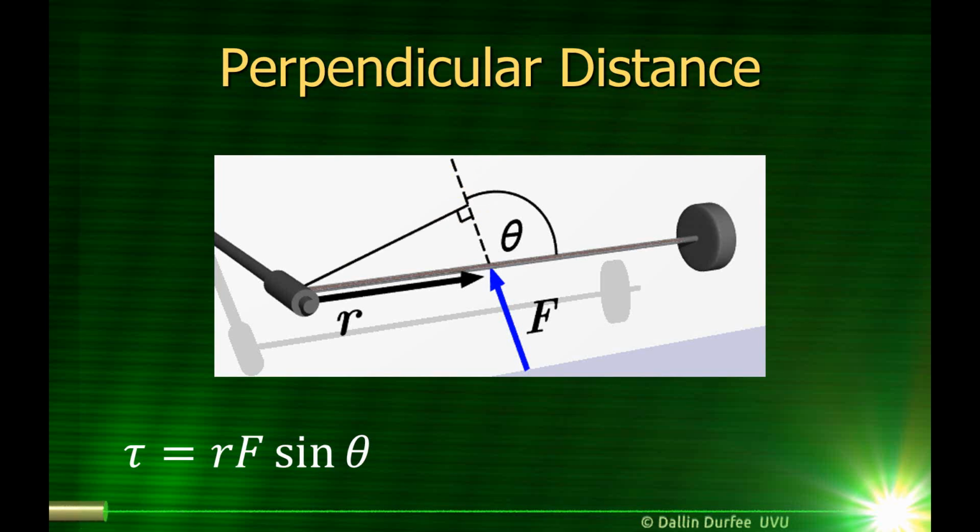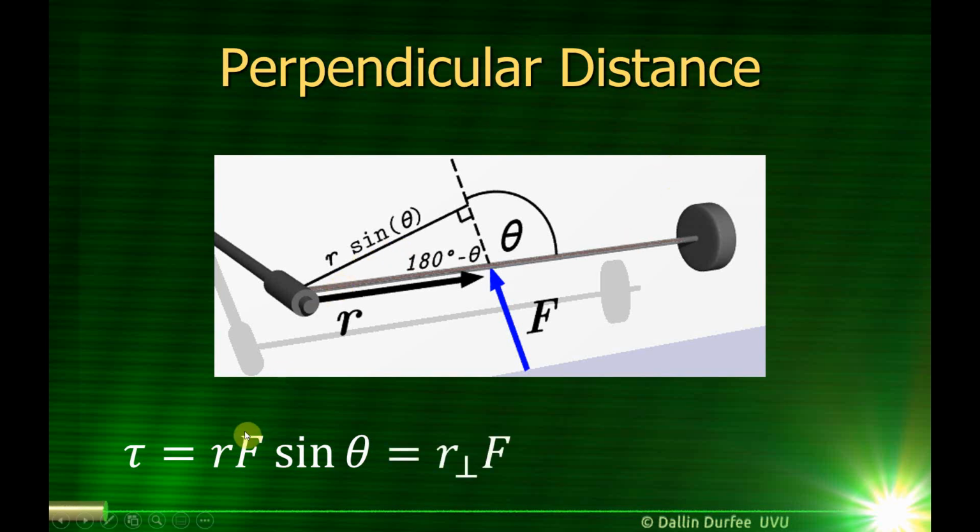Notice that if this angle here is theta, this angle right here is 180 degrees minus theta, which means the length of this line is r times the sine of 180 degrees minus theta. And the sine of 180 degrees minus theta is the same as the sine of theta. So the length of that line is just r sine theta. We will call that line the perpendicular distance.